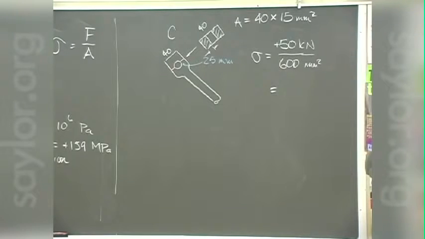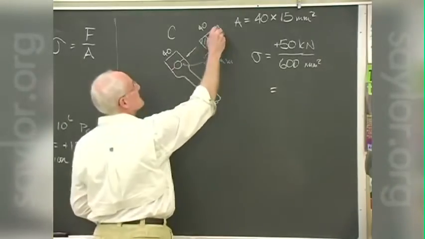So the stress in that piece now, who's got the calculator out? Anybody? David, you do. Is it the stress in the cross section? Did I do it right? What? The stress in the cross section? Yeah, this is the cross section.